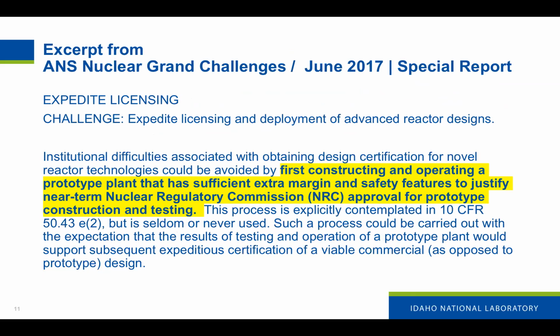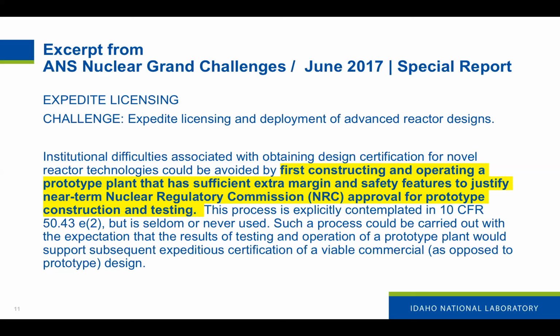So, the ANS Nuclear Grand Challenges report actually came out in 2017. Andy Klein wanted to do that, and it captures a lot of thinking about what ought to be done to really help. And one of them, expedite licensing, contains this excerpt shown below.